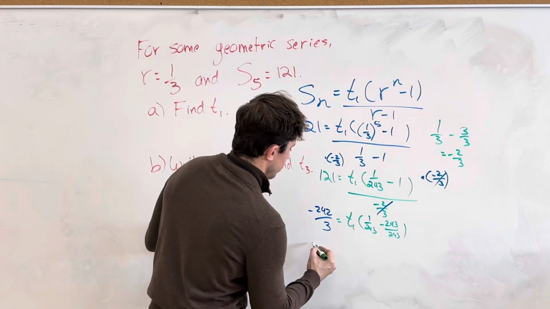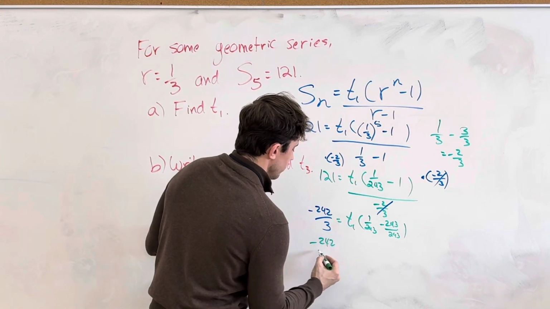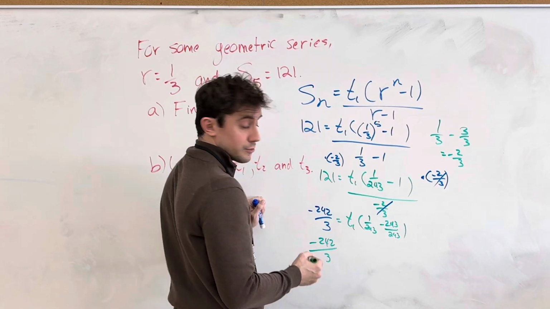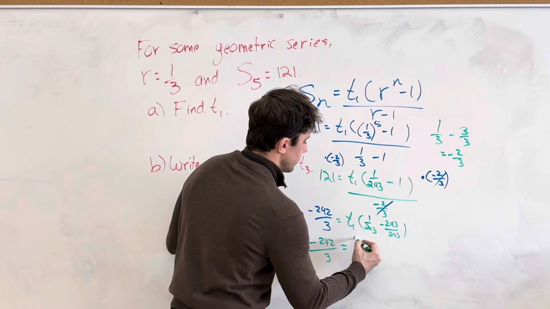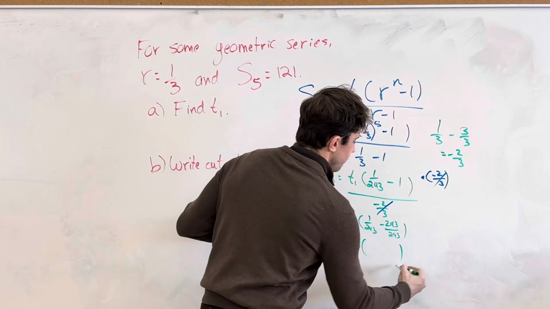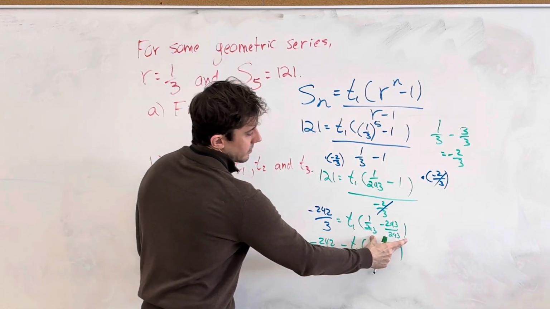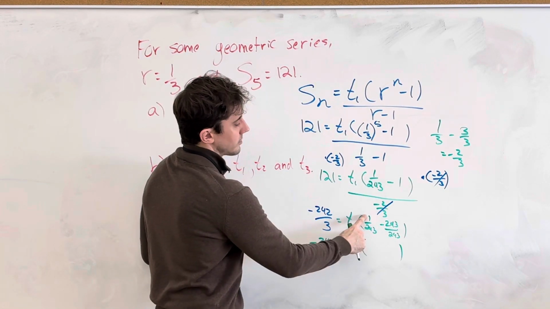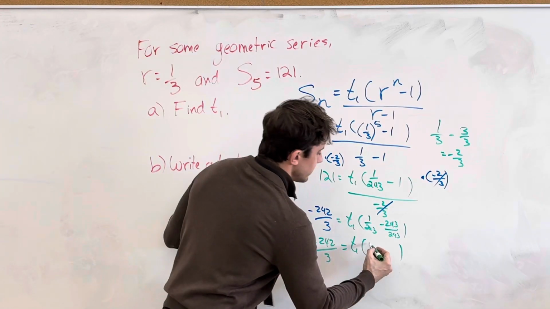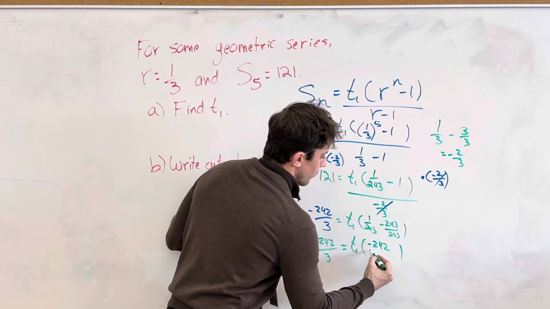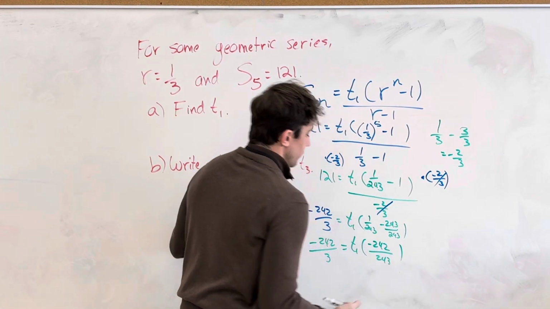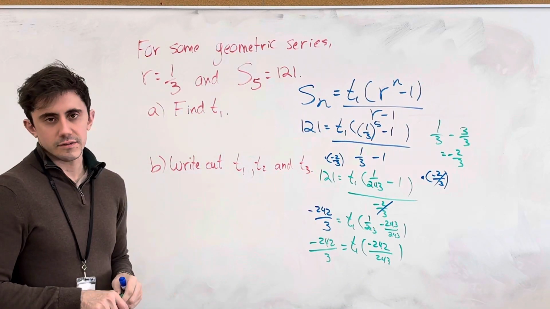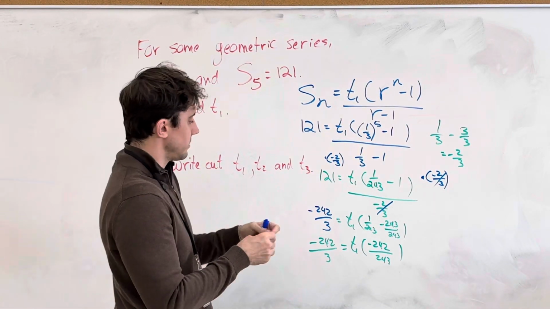And now we have negative 242 thirds being equal to T1 times, now that we have our common denominator inside the brackets, we can go ahead and subtract the numerators. 1 minus 243 is negative 242 over 243. You might notice those two numerators being the same.